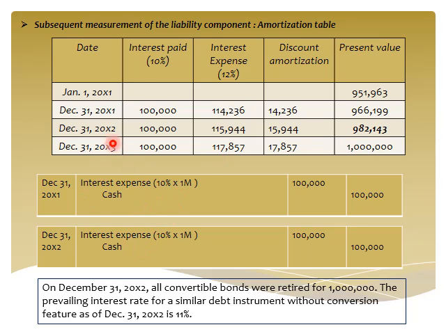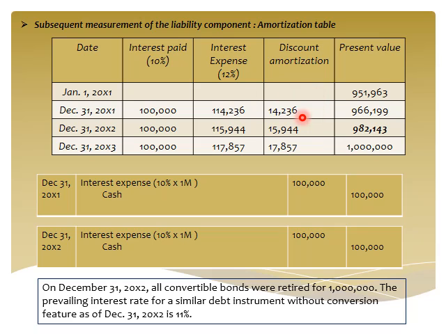We recorded this interest expense, cash, on December 31, 2001, December 31, 2002. And we also need to record the discount amortization of 14,236 and 59,944. To record this, debit interest expense, and credit discount on bonds payable.